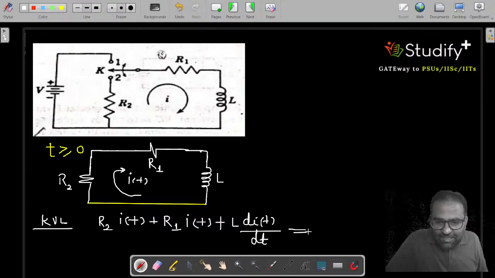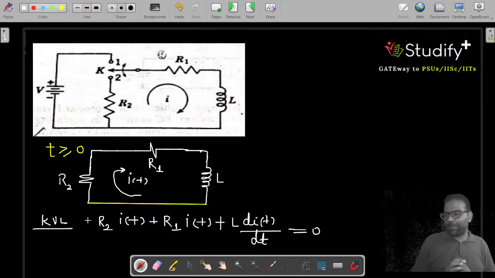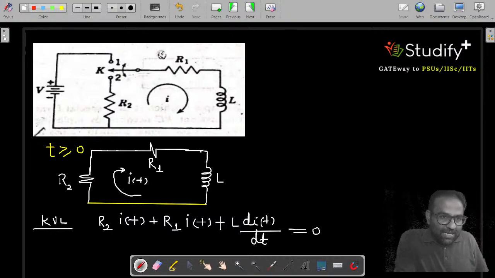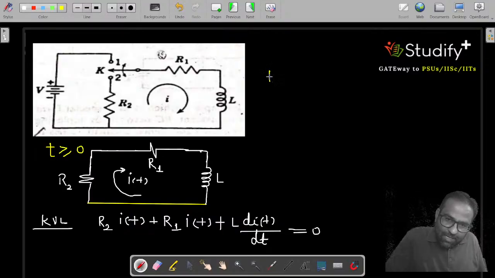Sum of voltage inside a closed loop equal to 0. We have applied one KVL in the network. What is the standard format? We want the coefficient of di by dt equal to 1, so arrange it in that format.